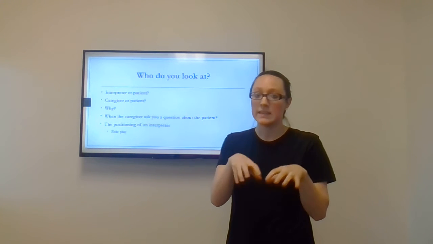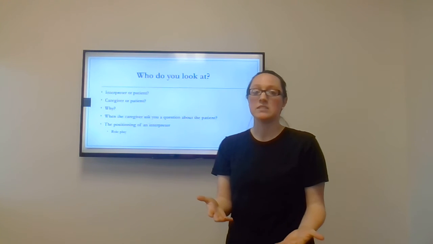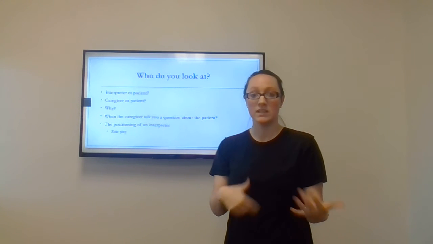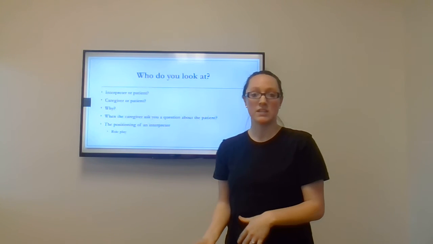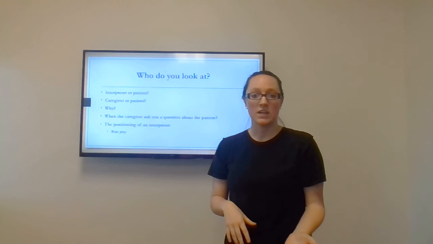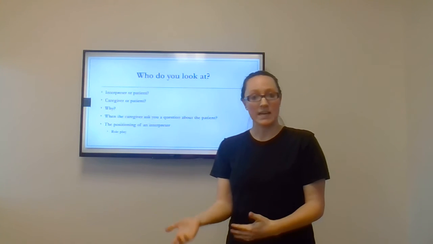Y'all might be right there beside each other. So just understand that the interpreter needs to be able to see the patient as well as you. That way the communication is completely transferred. There is no miscommunication and everybody's on the same page. So they want exactly what you want.